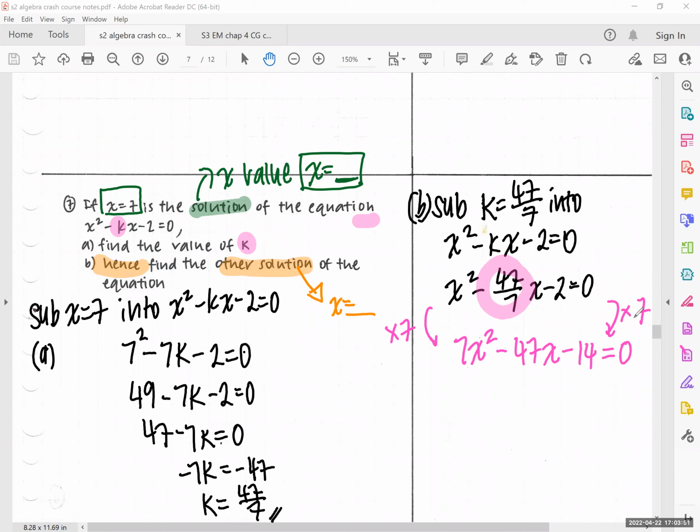Exactly. Then from here, does it look like my usual three-term factorization already? So go and do that now and tell me what's the answer. After we factorize, we get (7x + 2)(x - 7).